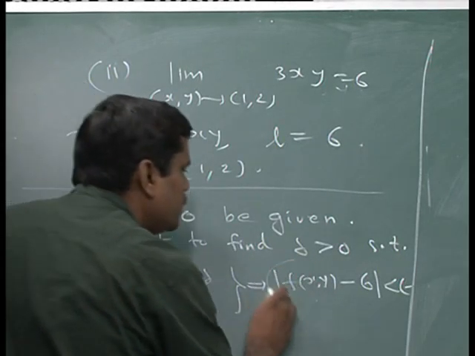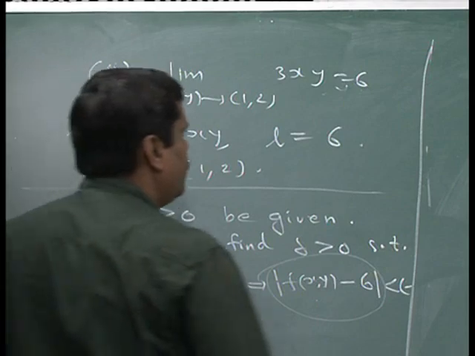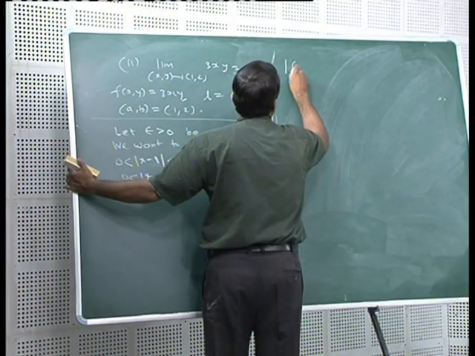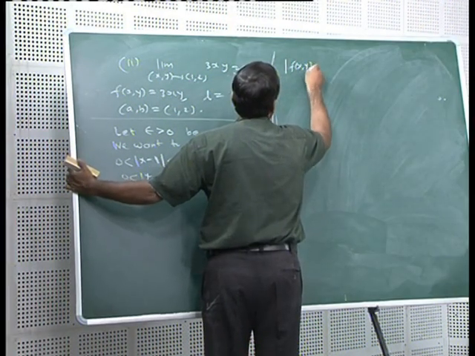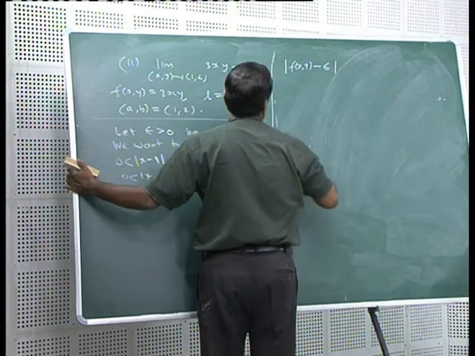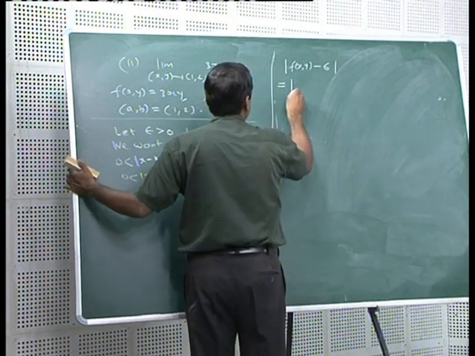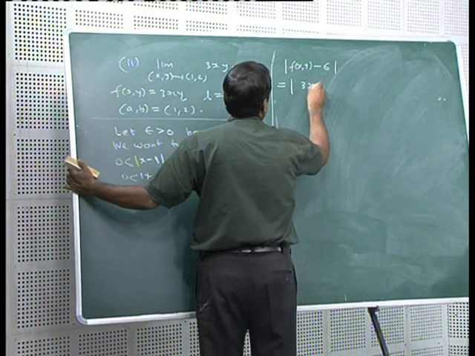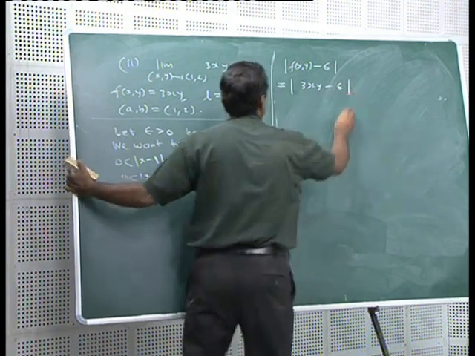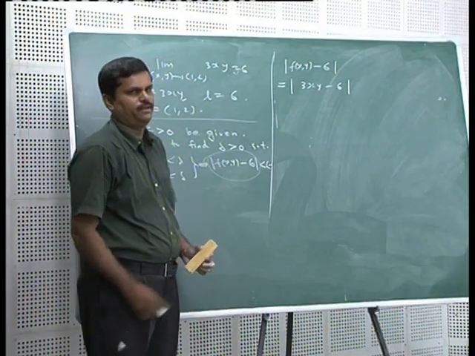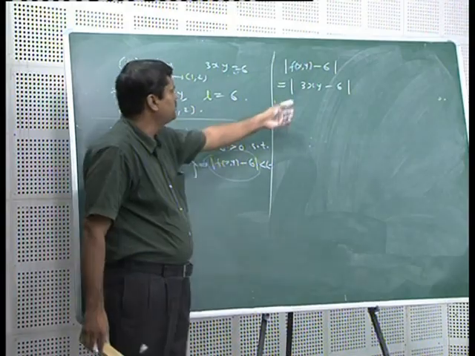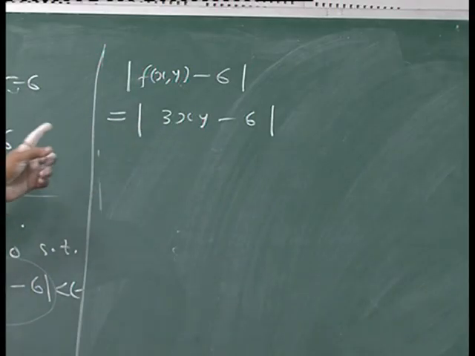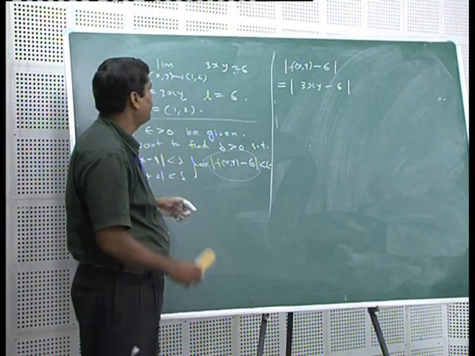So, let us work out on this expression. Under what condition will it become less than epsilon? So, I am considering f(x,y) - 6. As usual, in method 1 I have shown you what to do. f(x,y) is 3xy. In place of x and y you subtract and add a and b respectively.